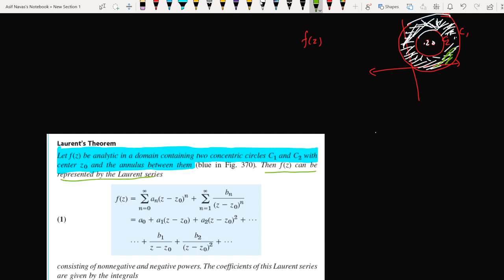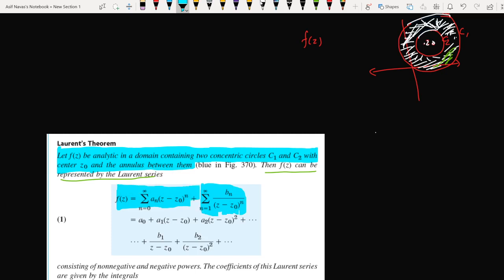So this is Laurent series. What is Laurent series? f of z is equal to the sum n equal to 0 to infinity of a n times z minus z naught all power n, plus the sum n equal to 1 to infinity of b n divided by z minus z naught all power n.